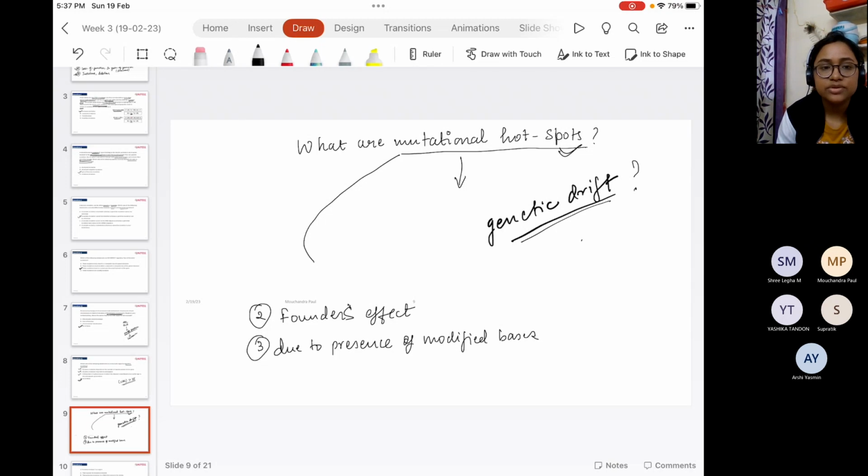So in genetic drift, there's a population A, and a few people have decided that they want to move to another location, and in that location there is another population living there. These are people of the same species, carrying the same types of chromosomes and all.